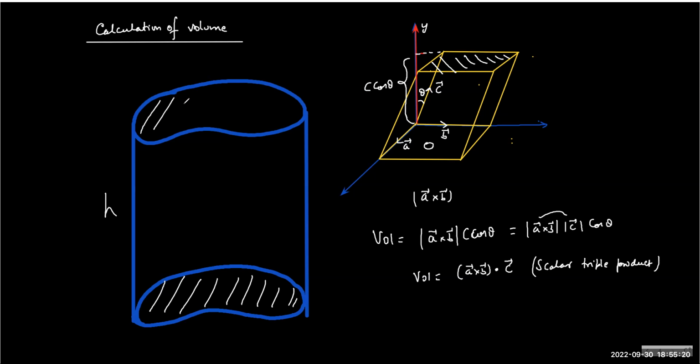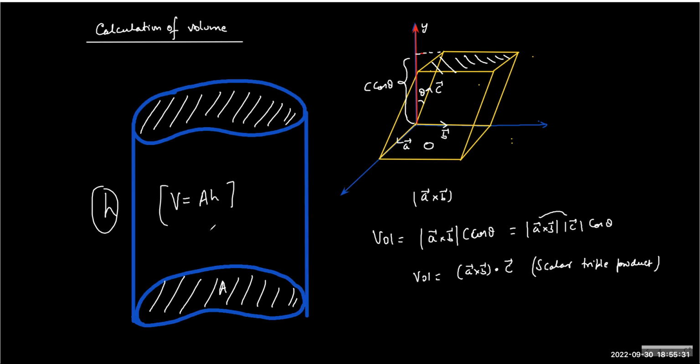Because we have the topmost cross section here, bottom is there. What is the gap between them? So if I call this area as A, this height we write as H. And this is the formula which we actually apply for volume. Volume is always AH.